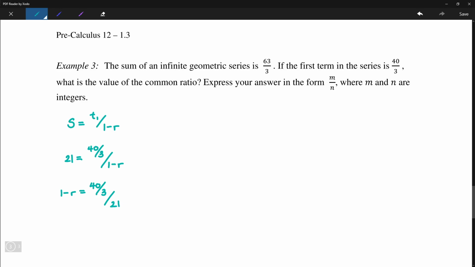Like so. So from there, we can rewrite this slightly. This will be 1 minus r is equal to 40 over 3 times 1 over 21.